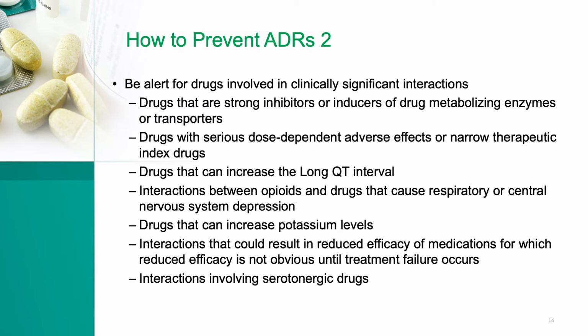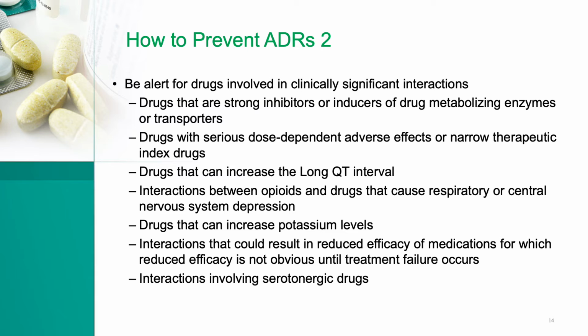Watch for interactions that could result in reduced efficacy of medications for which reduced efficacy is not obvious until treatment failure occurs. For example, enzyme inducers with contraceptives, hepatitis or HIV antivirals, chemotherapy, anticonvulsants, and anticoagulants.